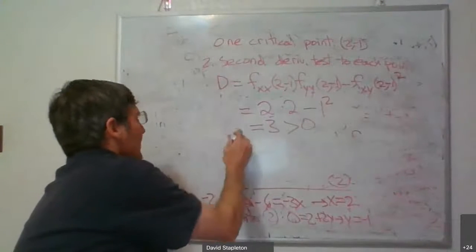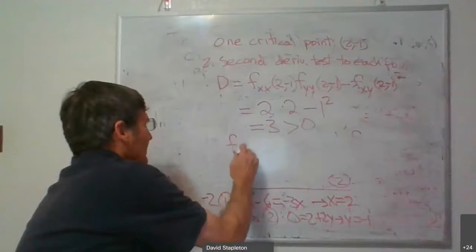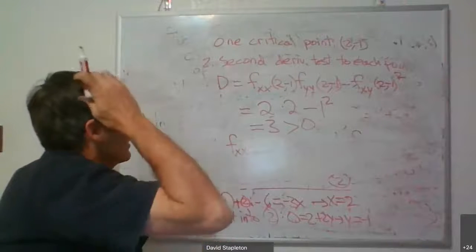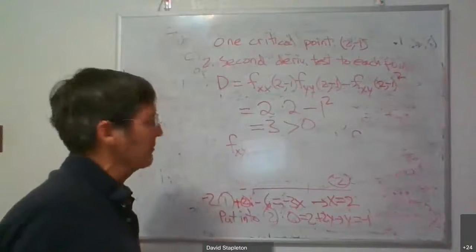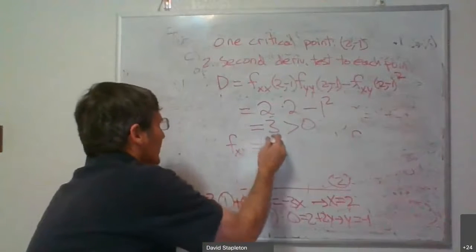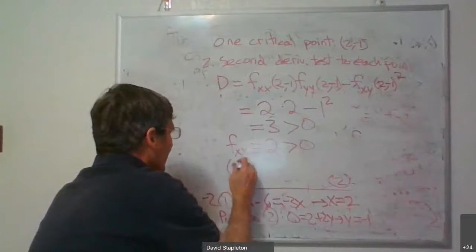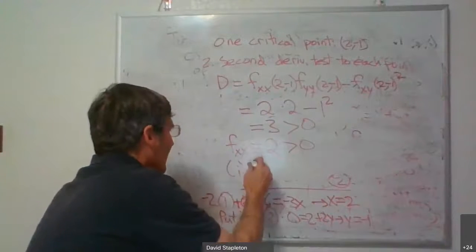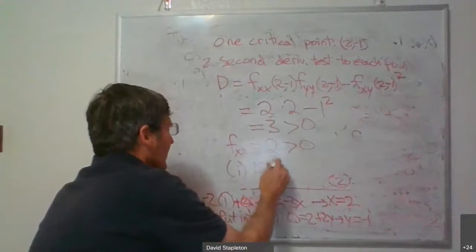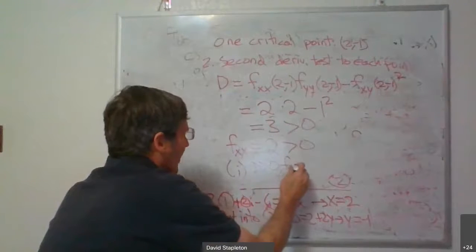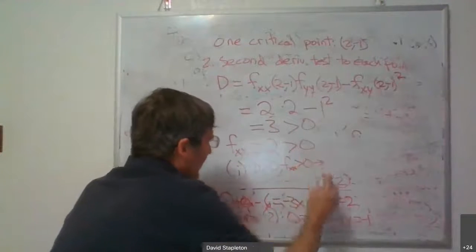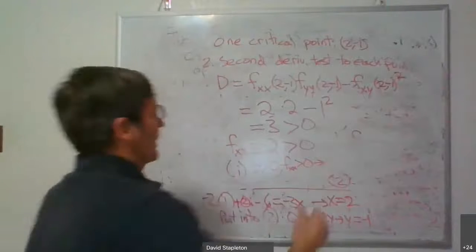Now we compute fxx or fyy, whichever is easier. Because D is positive, they'll both be the same sign. Fxx is actually equal to 2, which is positive. And then by the second derivative test, since D is greater than 0 and fxx or fyy is greater than 0, we have a relative minimum at this point.